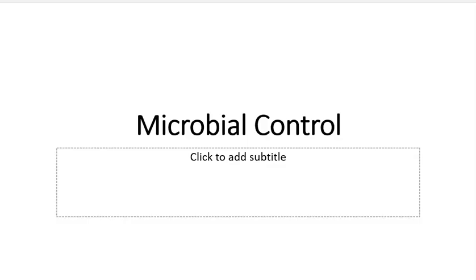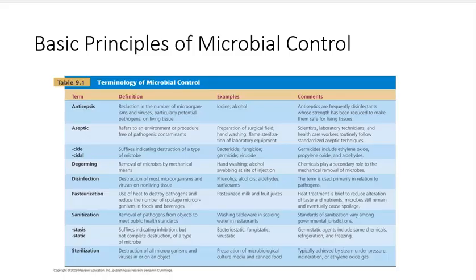You will have a department in a hospital that actually works on that. There are cultures that are done on a regular basis to basically test the different units in the hospital to see if there's underlying organisms. So first of all, there are some terms you need to learn, and you need to know these terms.